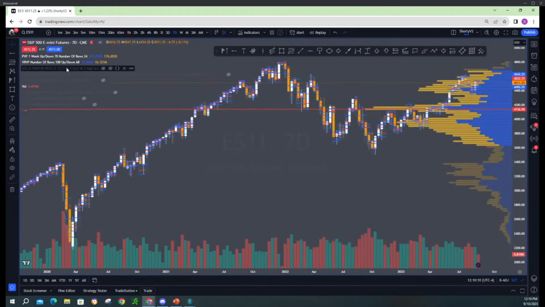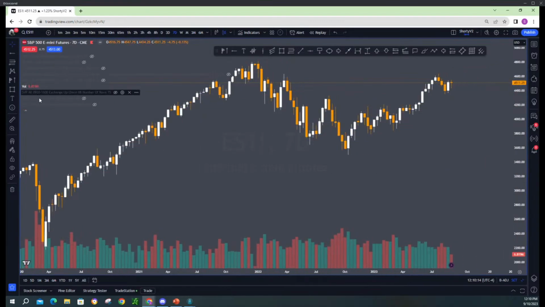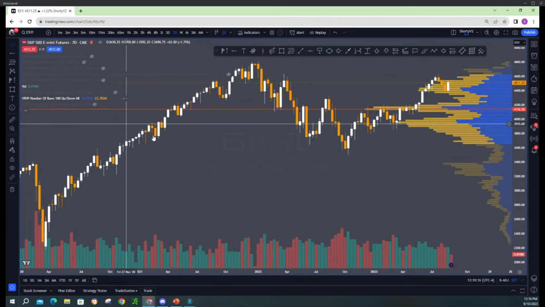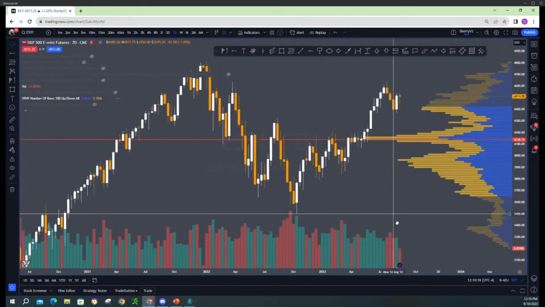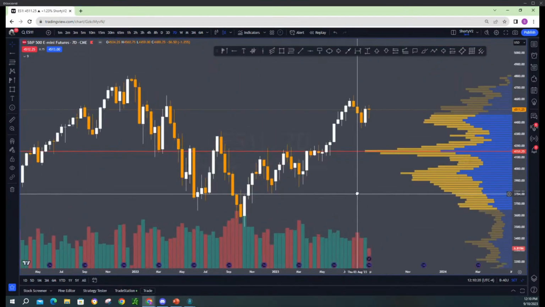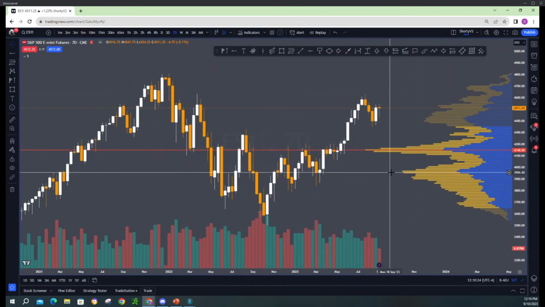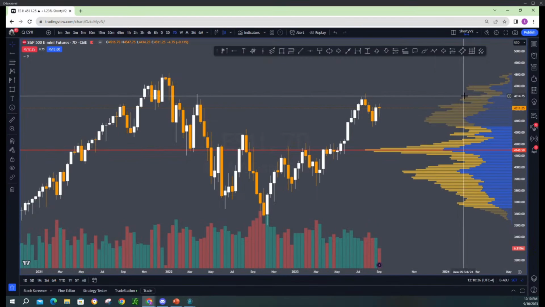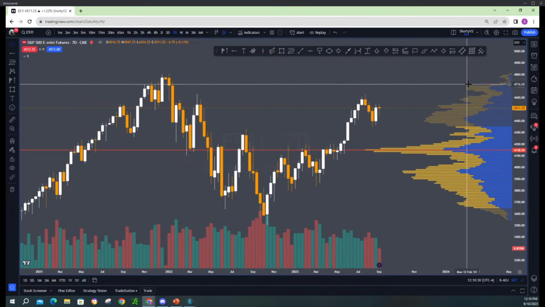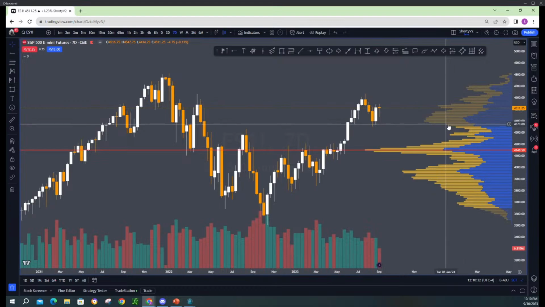I'll use this so you can see it. I'm grabbing a lot of data here. This is almost like 3 distributions, 1, 2, 3, and the last point for bears to hold on is here and here. So if you're able to crack this, you're going to go here.